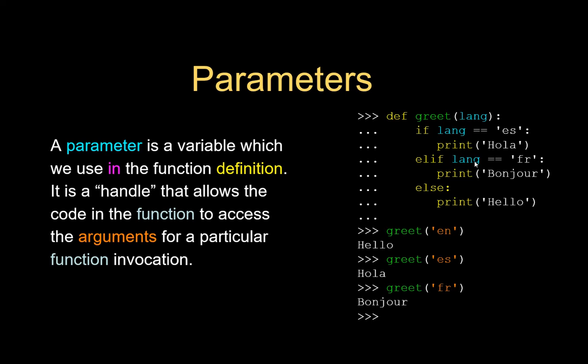Otherwise, we're going to print English. So if we use this function and say greet and put en on it, it's going to give us hello. If we do the same with es, it's going to come back with hola, and with fr, it's going to come back with bonjour.